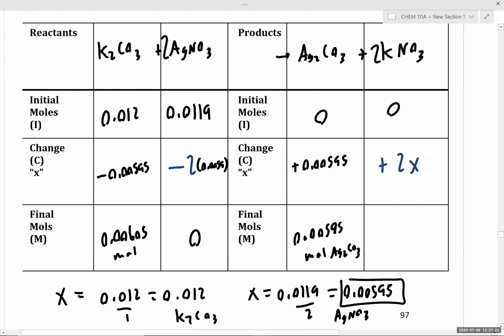Essentially, if you don't want to use the ICE method, you'd take the moles of silver carbonate, convert it to the moles of potassium carbonate, and then subtract it from your initial moles of potassium carbonate. Does that make sense? Yeah. Thank you. Perfect.